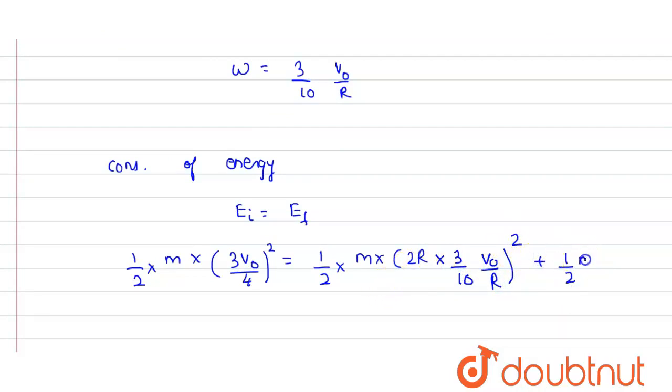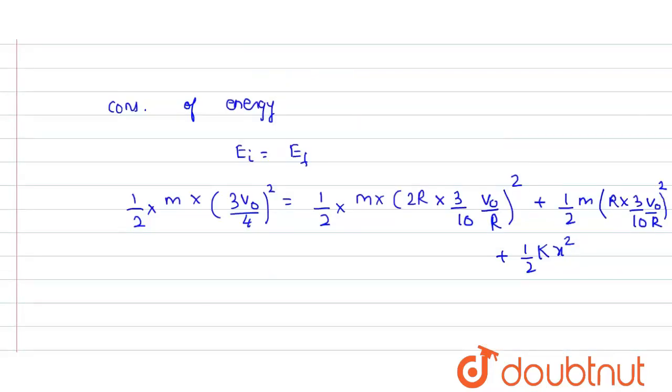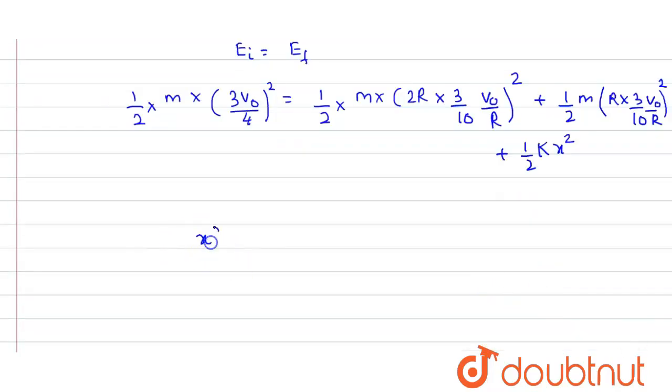So 1 divided by 2 times mass, and the velocity of mass 3 is r times omega. The omega value is 3 divided by 10, so we write 3 divided by 10 v naught divided by r, and then we take the square, plus half k x square. Now if we solve this expression, our x square turns out to be 9 divided by 80 m v naught square divided by k.